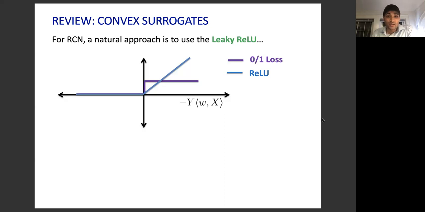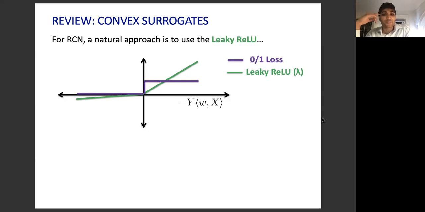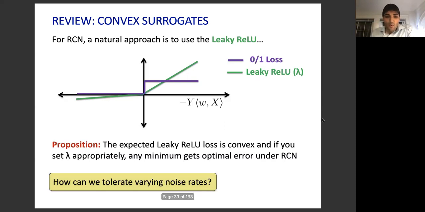Now, of course, we're interested in the situation where there's noise. In that situation, using this ReLU is not a great idea. Instead, one of the things that people do is use something called the Leaky ReLU, which has a parameter lambda, and basically you change the slope by lambda on each side. I'll tell you more about the Leaky ReLU in a few minutes.